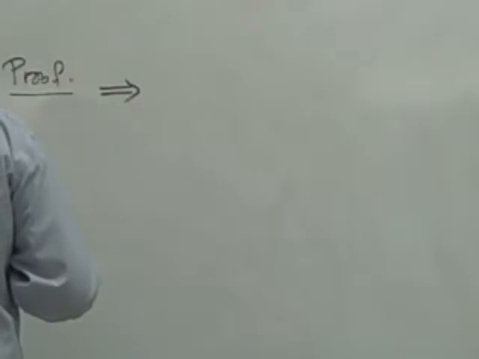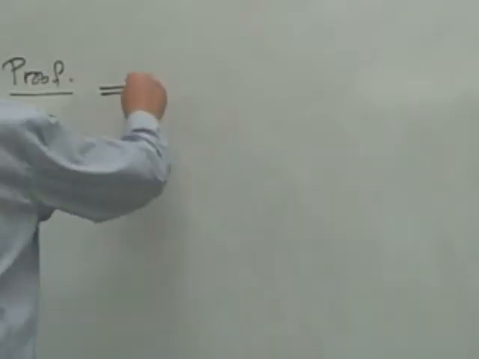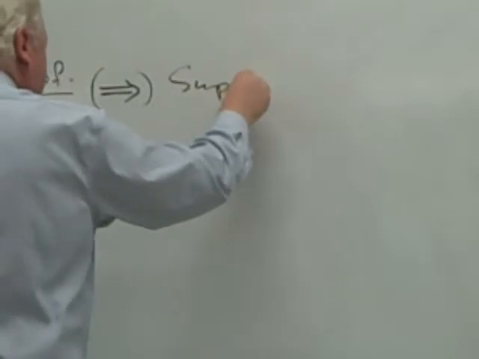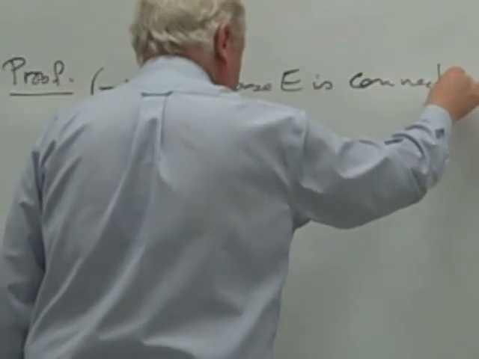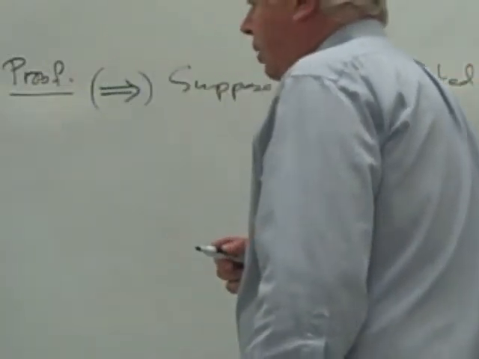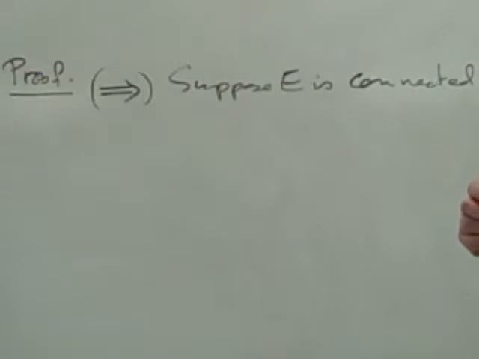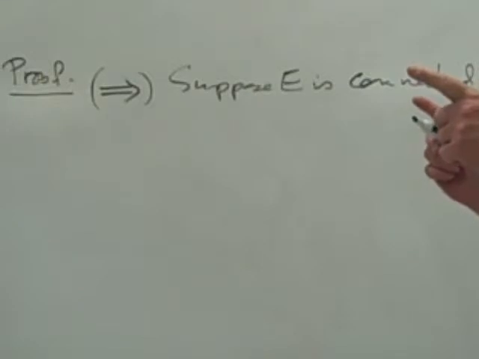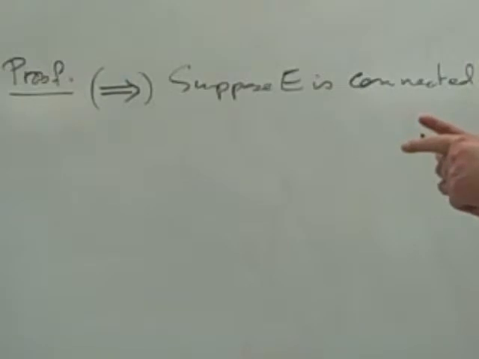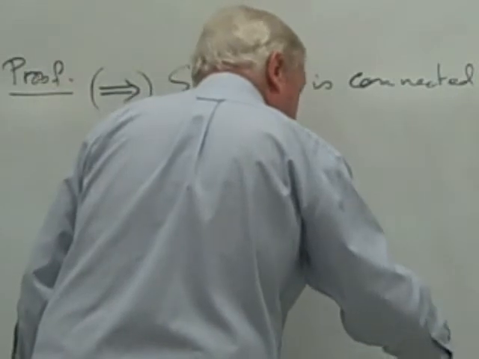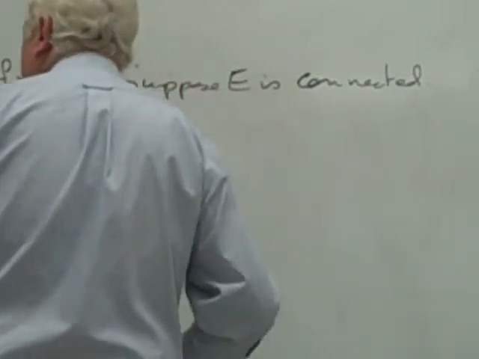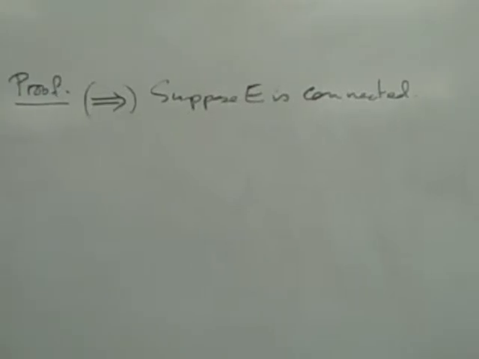Okay, so let's go this way. Suppose that E is connected. Now, if it's not an interval, what's the property of being not an interval? It means you can find 2 points in your set so that between them there's a point that's missing. So, suppose that E is connected.